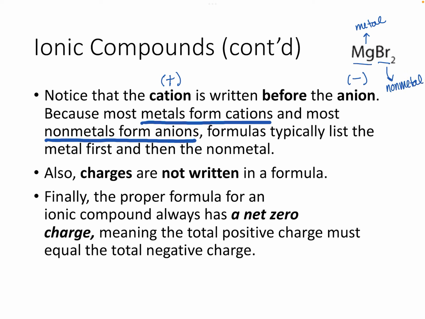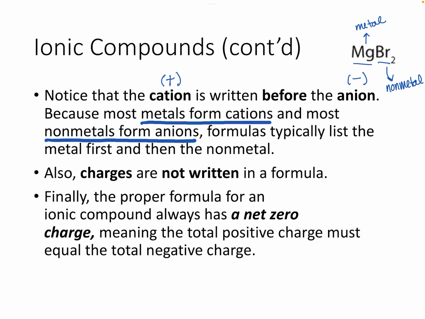So this is another reason why it's good to know some of those trends on the periodic table. So where are the metals? Where are the nonmetals? Because that's going to help us figure out what has a positive charge, what has a negative charge. So metals are going to have positive charges when they become ions, and nonmetals are going to become negative ions.